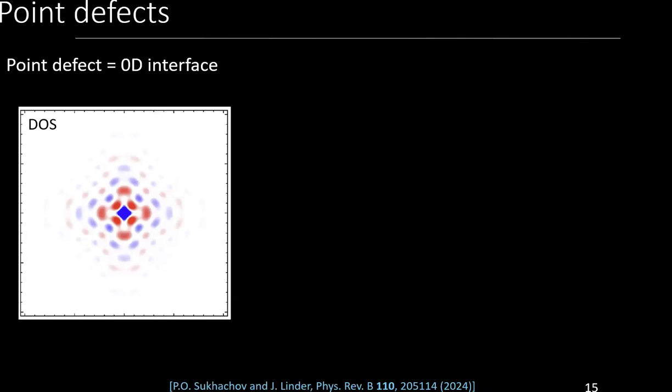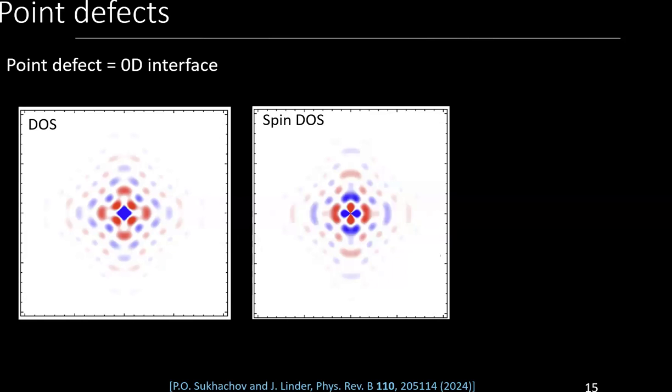The next idea was very straightforward. An interface is a line defect if we have a two-dimensional material. But okay, let's take a zero-dimensional defect, just a point defect. We know that there will be Friedel oscillations around the defect. This is the density of states, the electron density. There will be the same oscillations in actual spin density.